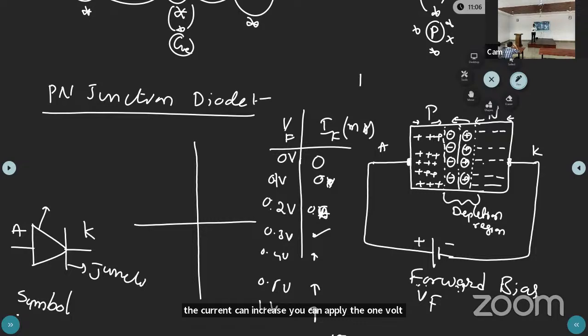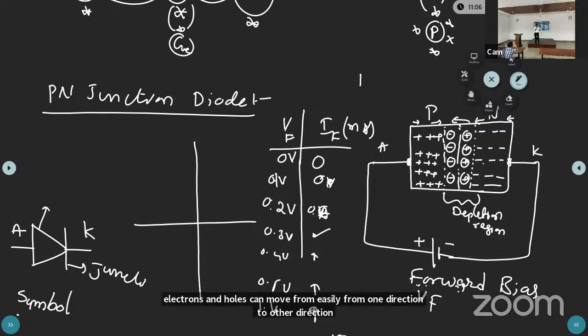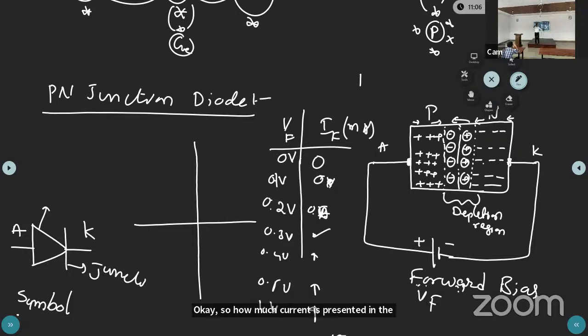At a certain voltage, the total diode junction barrier width will collapse. Easily the electrons and holes can move from one direction to the other. So the total current can flow through the diode. Okay, that is called forward bias.